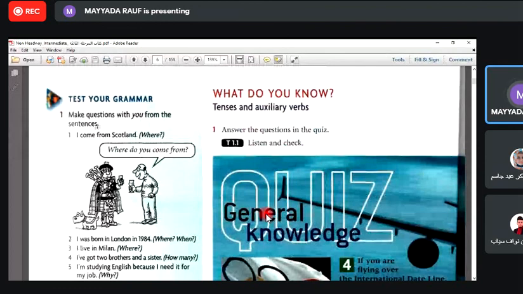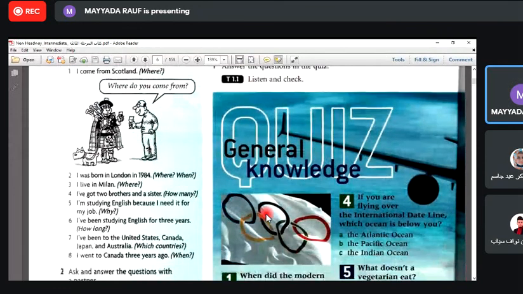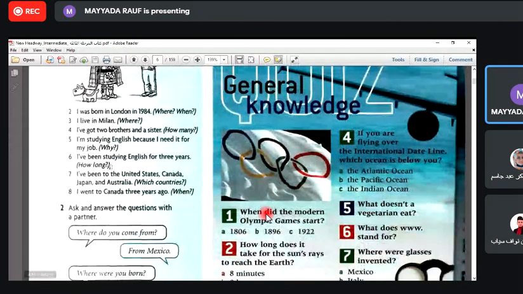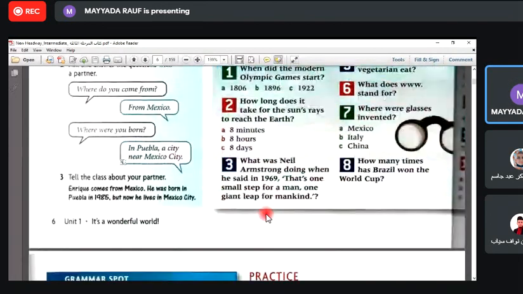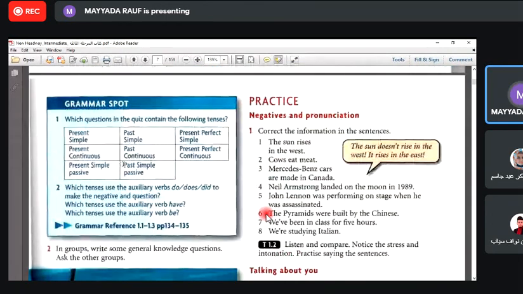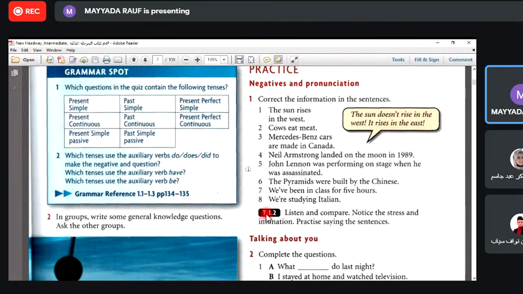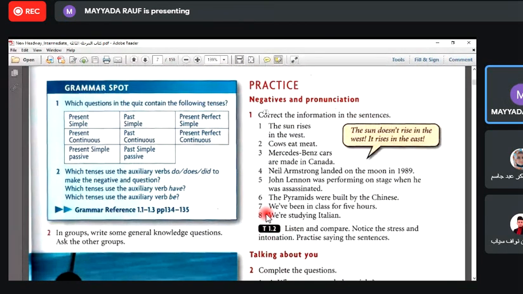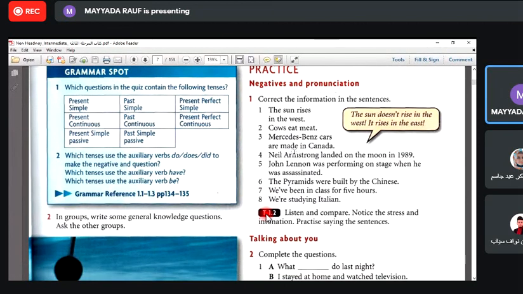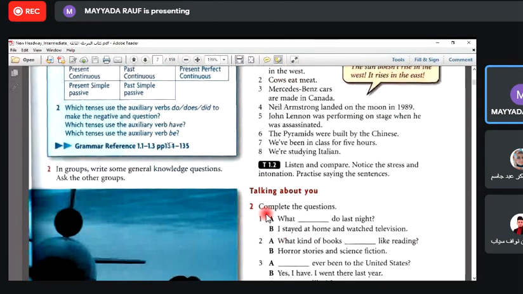So here we said that you have to do this exercise. Here we have to use this one, negative and pronunciation, correct the information. No, not this one. Sorry, not this one.